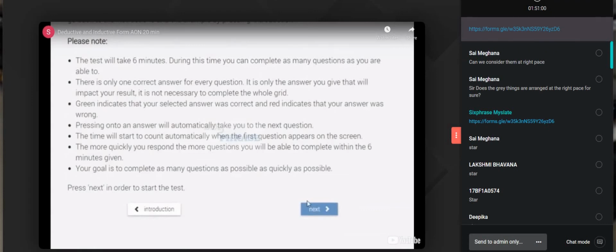So don't try to be smart and first give wrong answers and at the end give correct answers. Don't do that. If you keep giving wrong answers, your level will never go up.